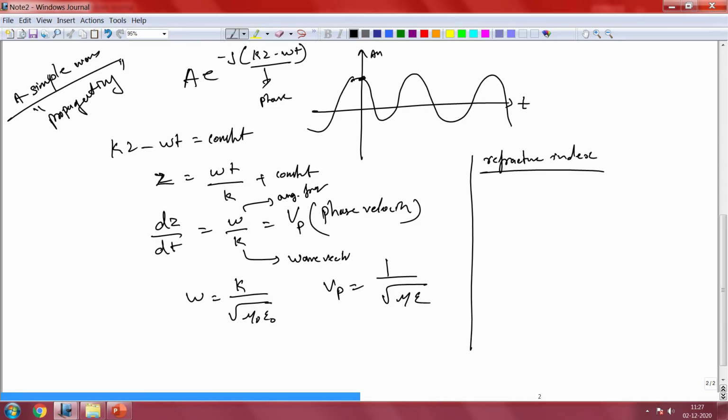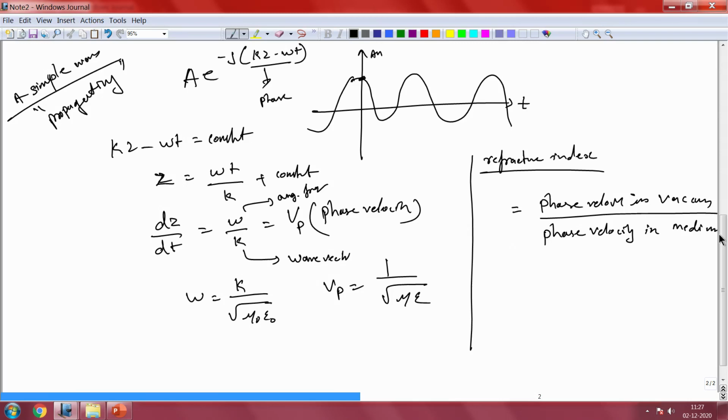So refractive index is nothing but your phase velocity in vacuum to phase velocity in medium.